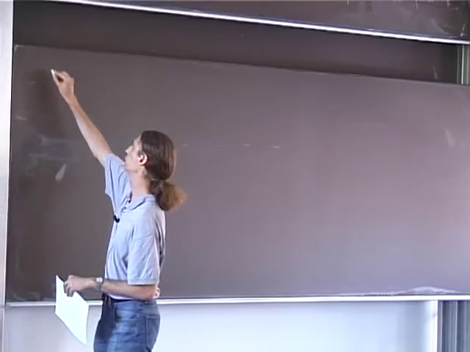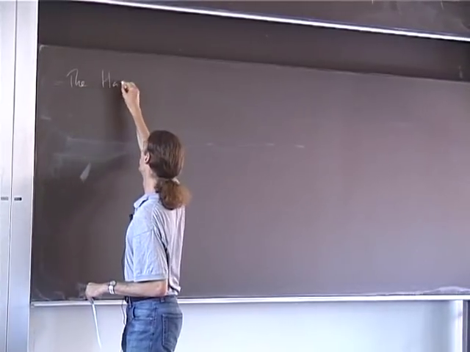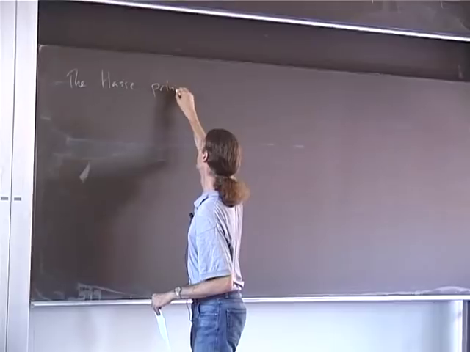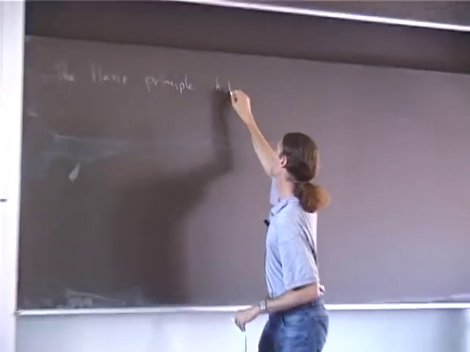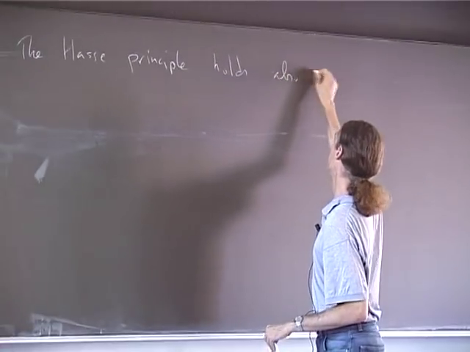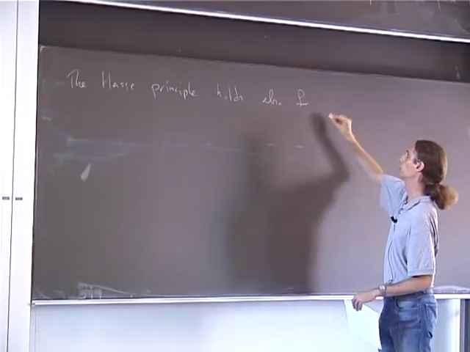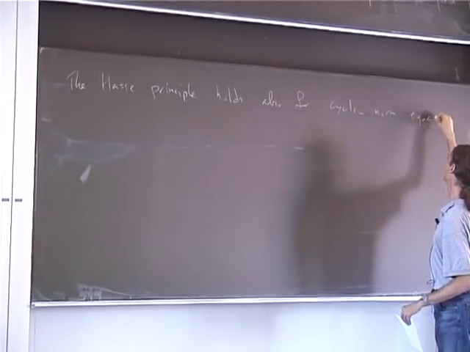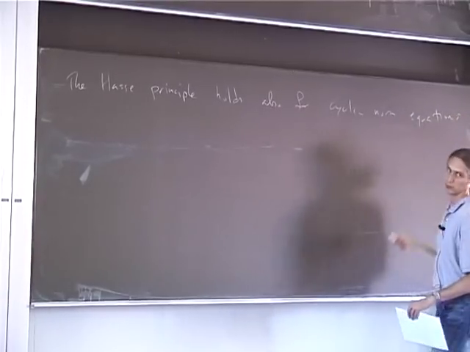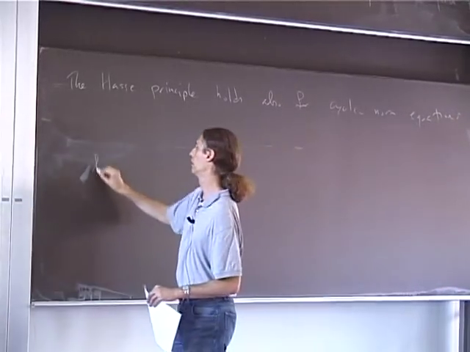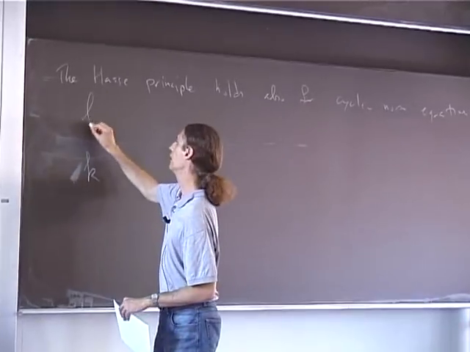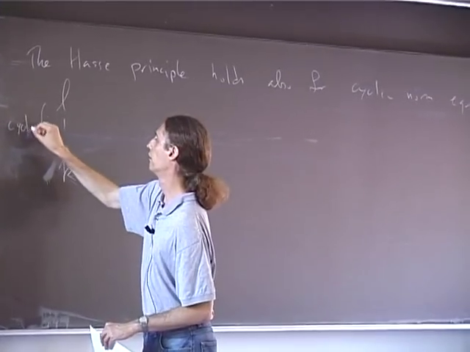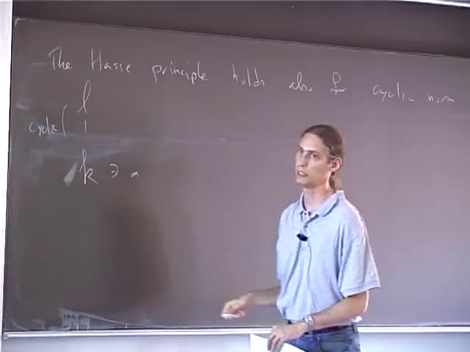So I'll say the Hasse principle holds also for cyclic norm equations. So you have a number field K, you have a cyclic extension L, and you have some element here.